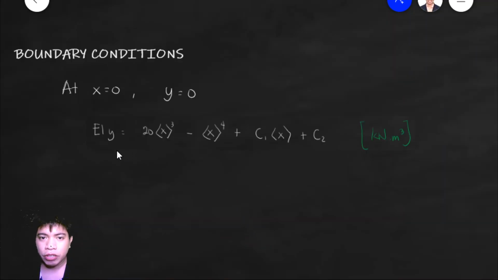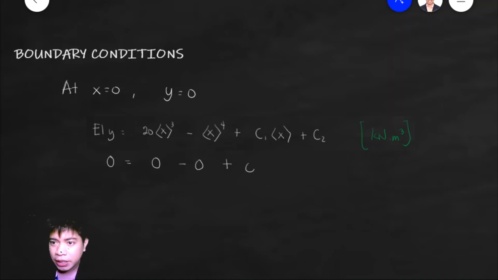So this is our deflection equation, the one we solved above. Now let's substitute x equals 0 and y equals 0 here, and we will get C2. If y is 0, then the whole term on the other side is 0. This will be 0, minus 0, plus 0, then plus C sub 2.